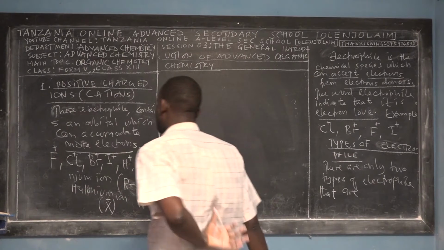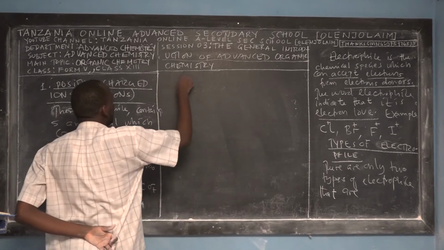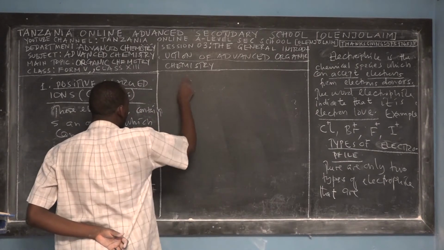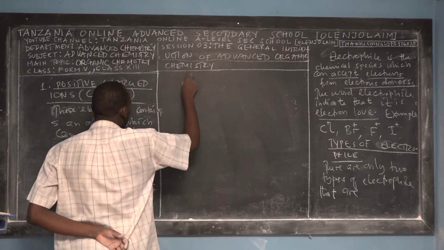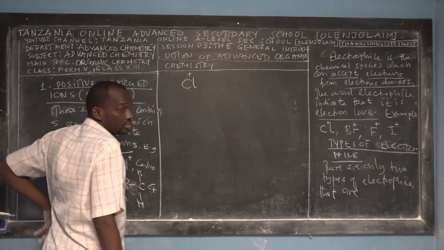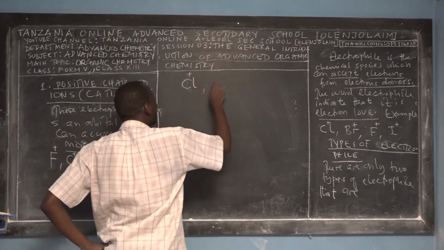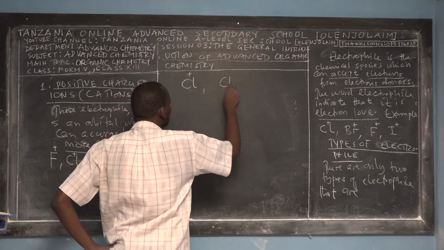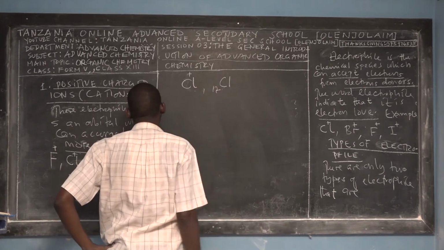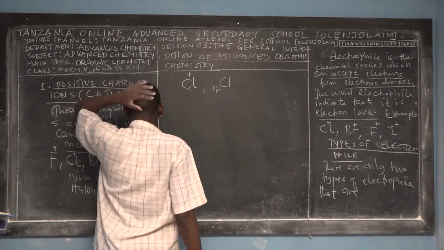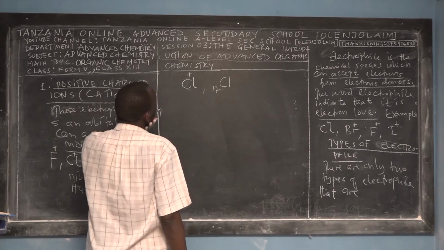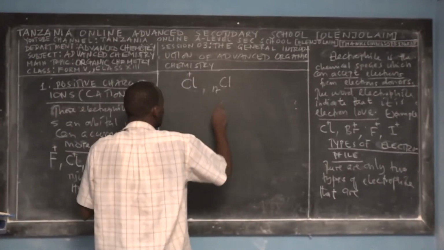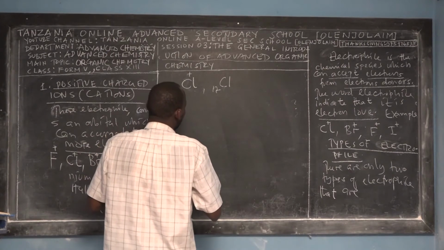How comes that today it has lost an electron? Let me explain to you. Let us take chlorine as a famous element. How many electrons does it contain? 17. Isn't it 17? Yes, it's 17.